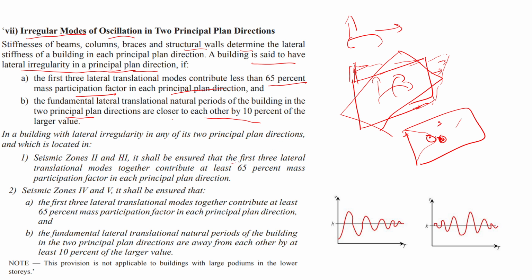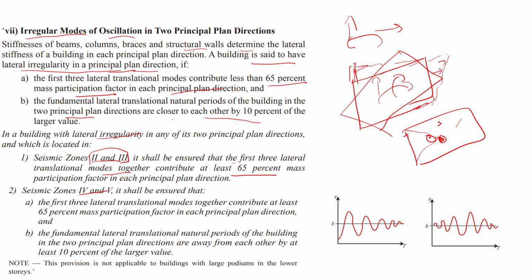And then, if you understood what is irregularity, in that case, if the seismic zone is 2 or 3, it shall be ensured that the first three lateral translation modes together contribute at least 65% mass participation in each principal plan direction.